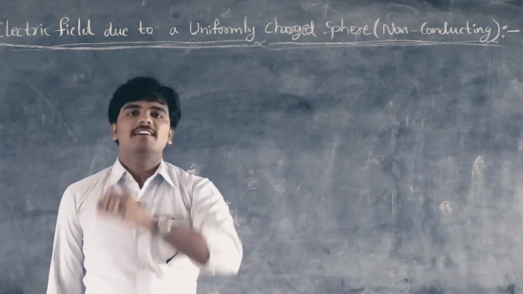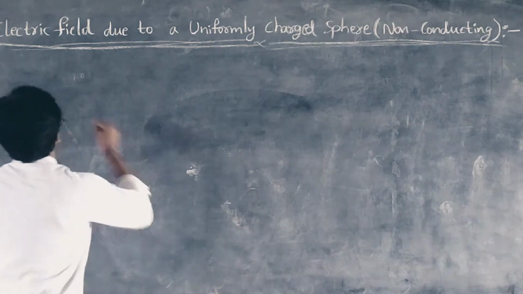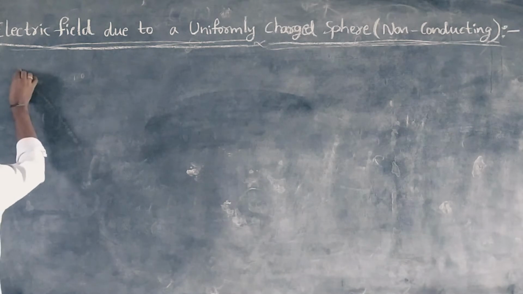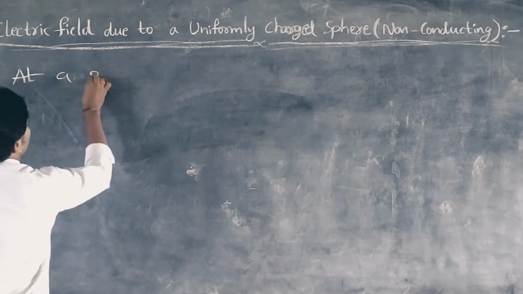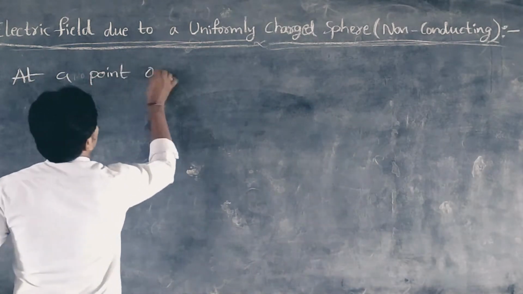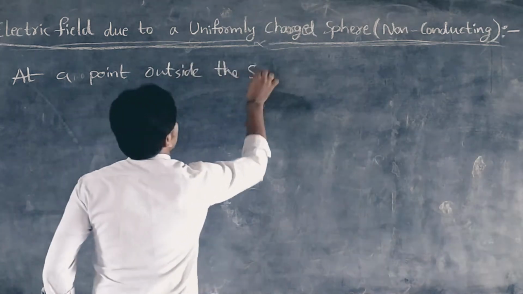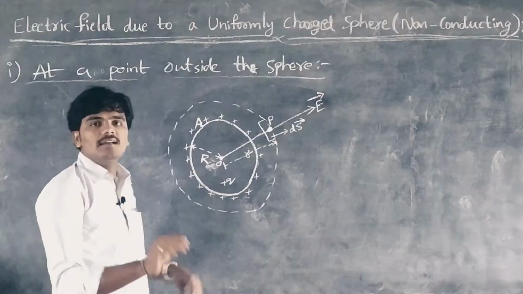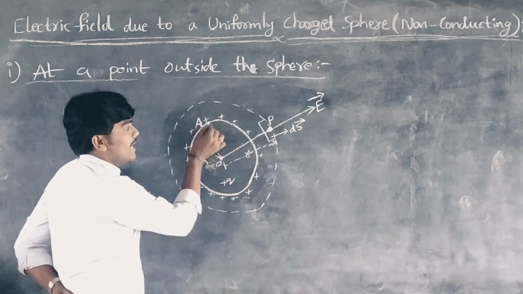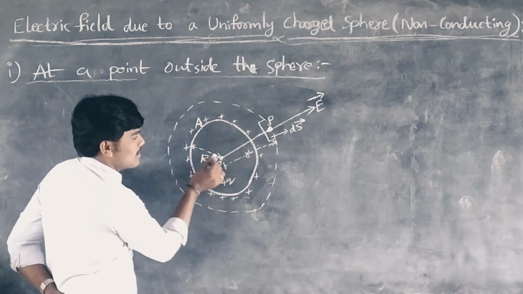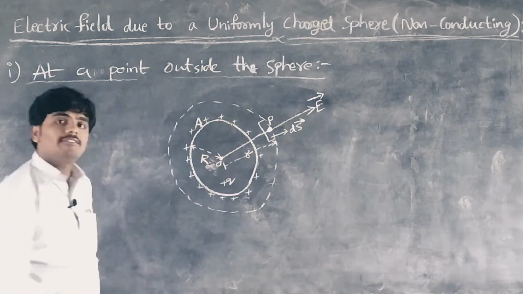Now let us see the first case, at a point outside the sphere. Consider a sphere A of radius R with center O as shown in the figure.